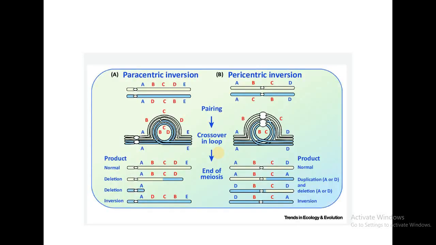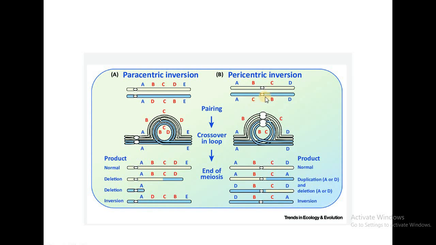The inversion is also of two types: pericentric inversion and paracentric inversion. I will briefly explain what is meant by each. Pericentric means the centromere is included in the inverted segment.